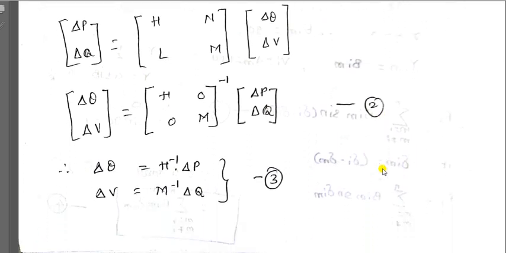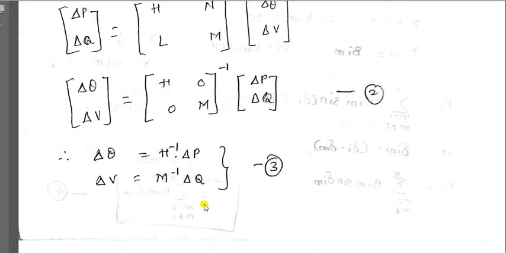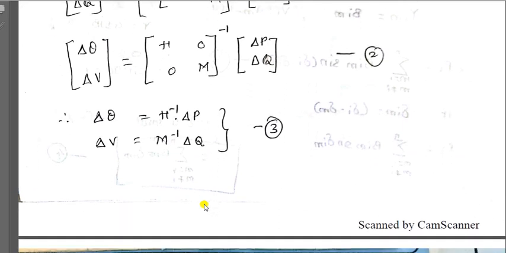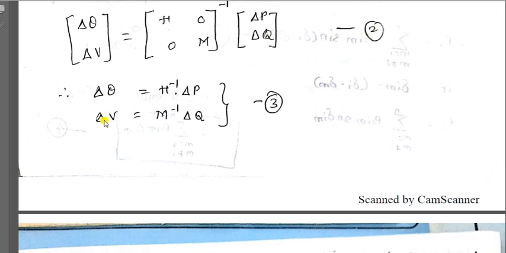Now from equation number 2, let us see how we can get the value of angle theta and voltage magnitude. Equation number 3 is obtained from this matrix equation, and it gives us the magnitude of voltage and the phase angle delta.